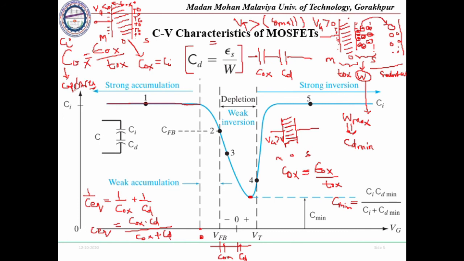Okay. So this is the case when the gate voltage that we are applying to the gate terminal is changing very slowly, or we can say the frequency is low in this case.